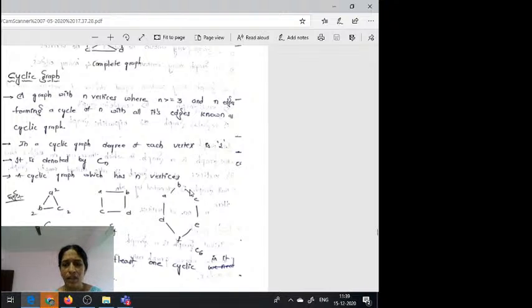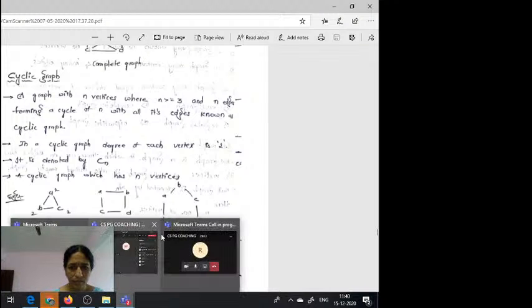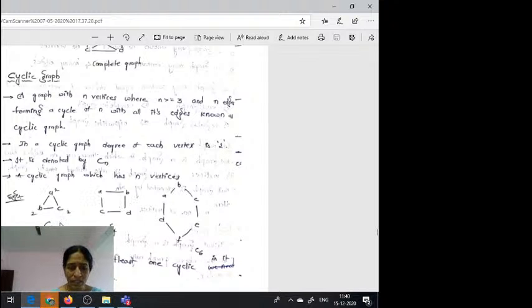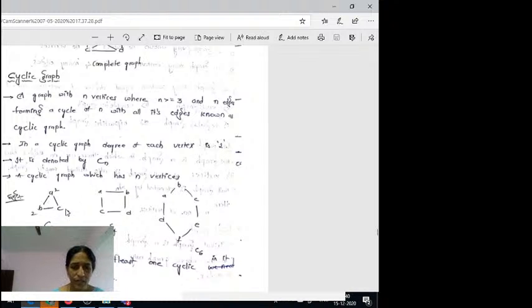Whereas coming to trees, if a tree contains n nodes, how many edges are there? Maximum how many edges are there? N minus 1 edges. That means a cycle graph contains n vertices and n edges.